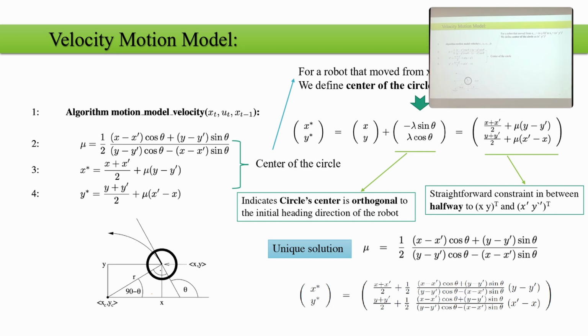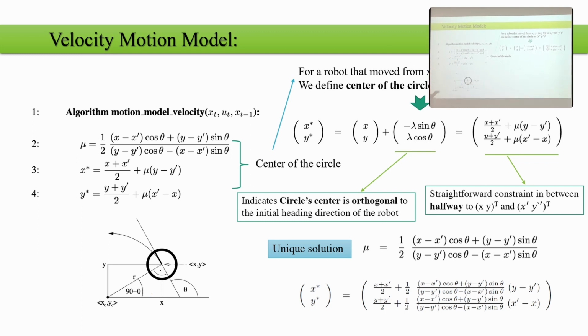So for the robot that moves from this point to x prime, y prime, we want to find the x star and y star. We don't have theta anymore, of course, because we don't care about the angle here. We just want to find 2 points. In order to do that, we can write this term. So I'm explaining what's happening here.